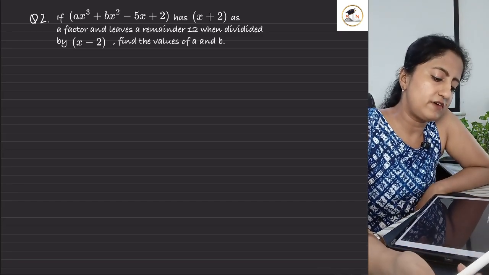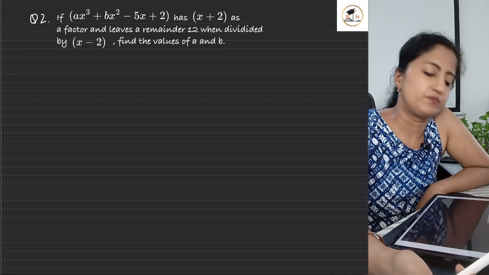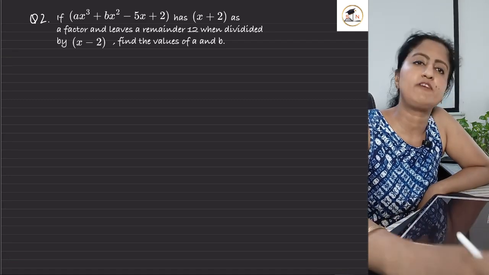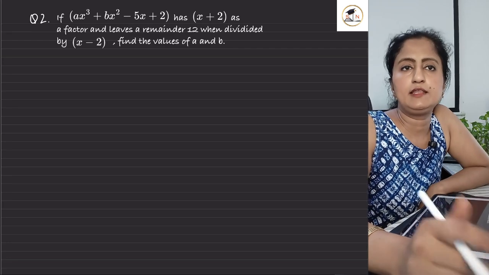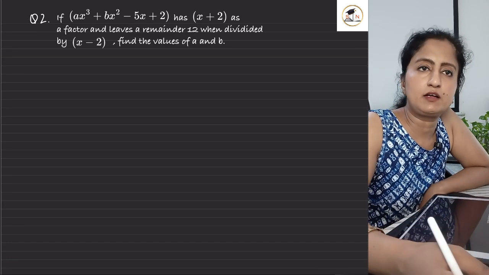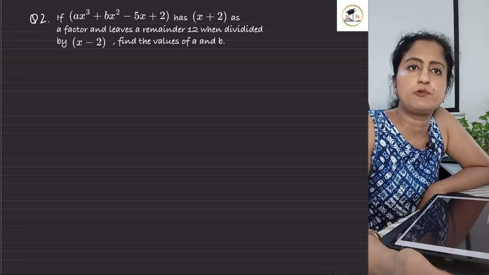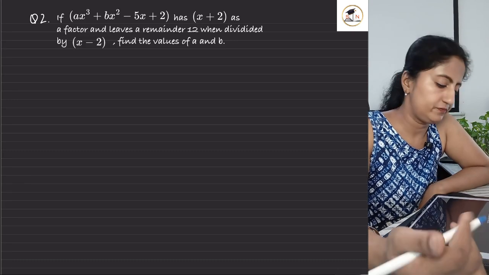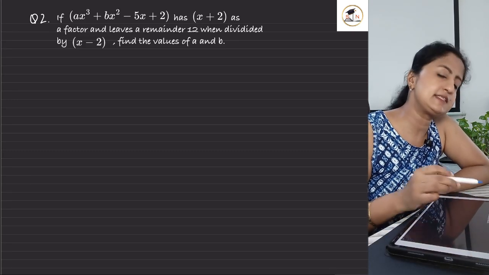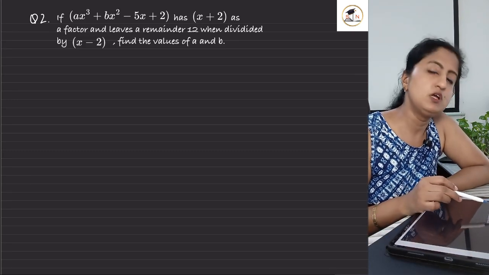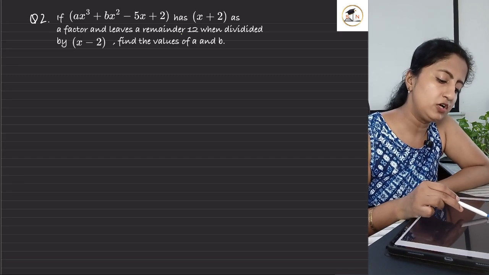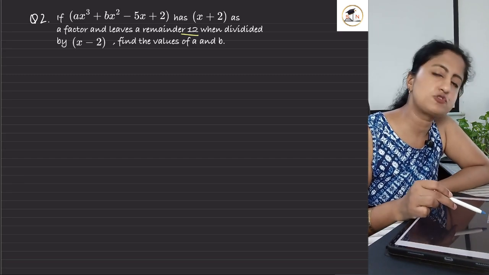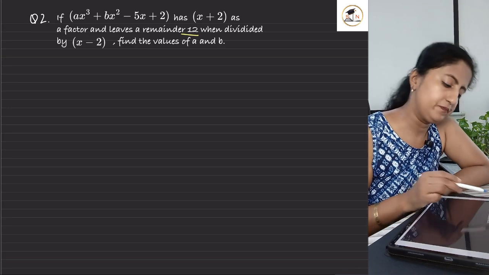We have got the first factor given to us as x plus 2, which is being told that yes, it is a factor. When they are saying that some polynomial is a factor, it means the remainder is supposed to be 0 in that case. And then they're saying there is another factor which is x minus 2, but it is leaving a remainder of 12. And we are supposed to find the values of a and b.